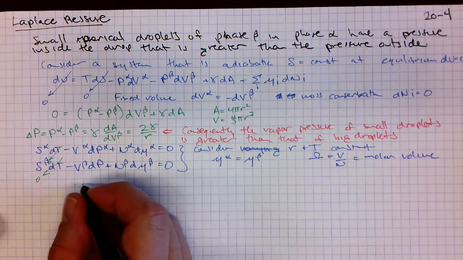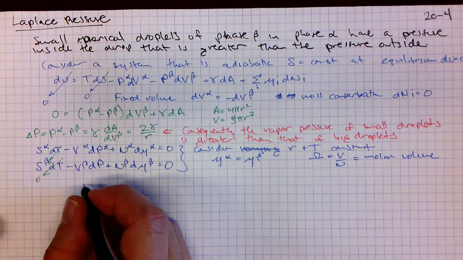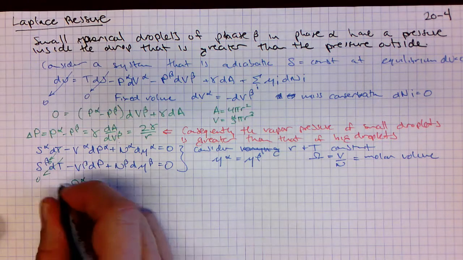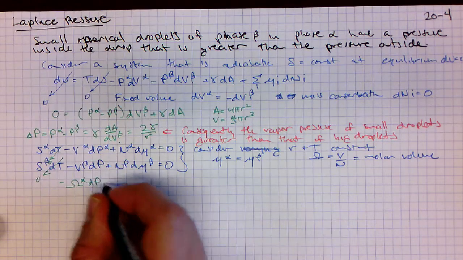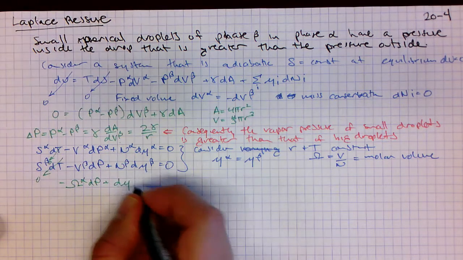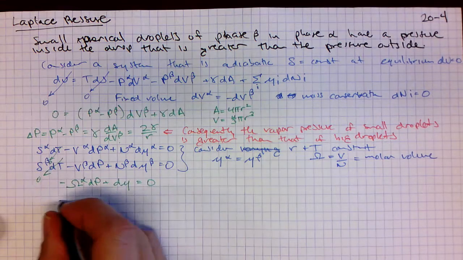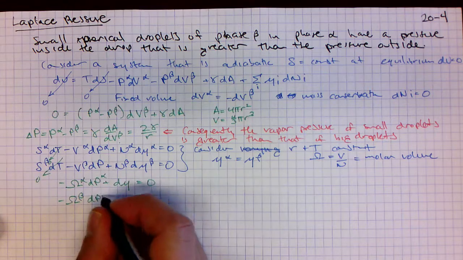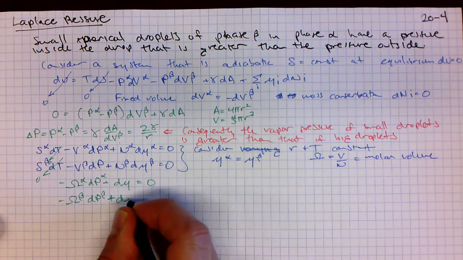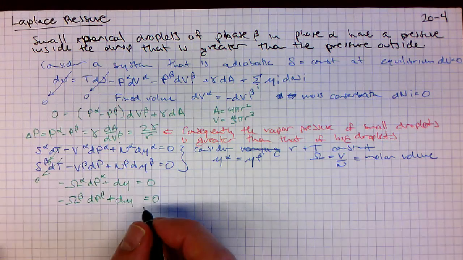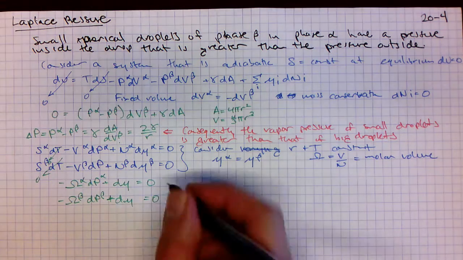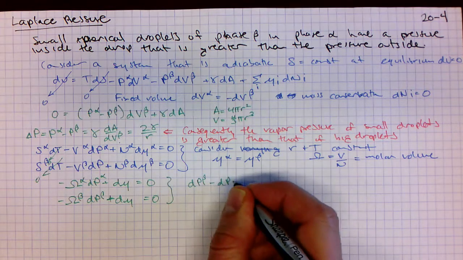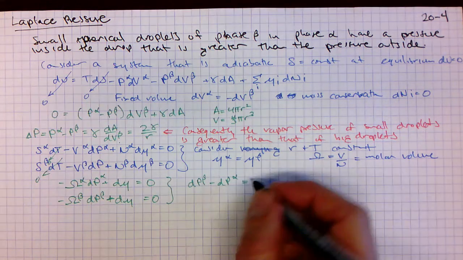And I end up getting minus the molar volume of alpha dP alpha plus d mu is equal to 0, and minus the molar volume of beta dP beta plus d mu is equal to 0.